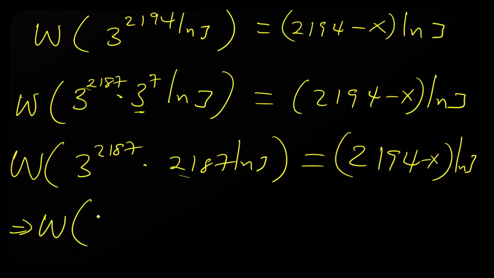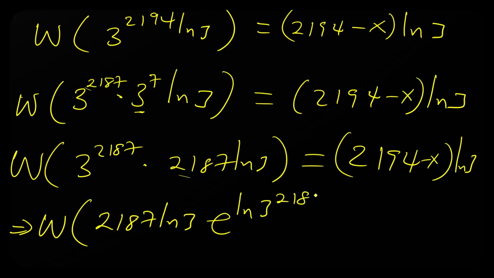Let me write this one first: 2187 ln of 3, e raised to ln of 3 raised to 2187, equals 2194 minus x ln of 3.